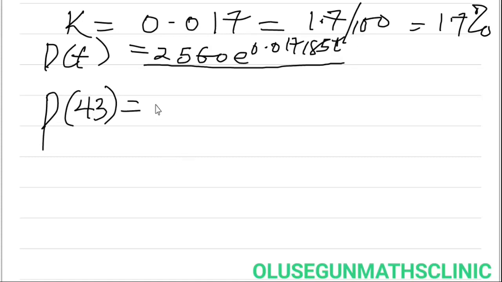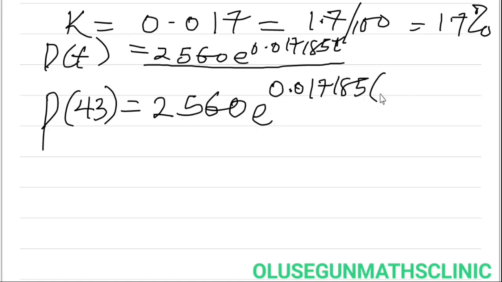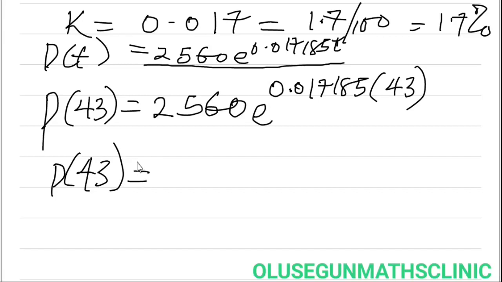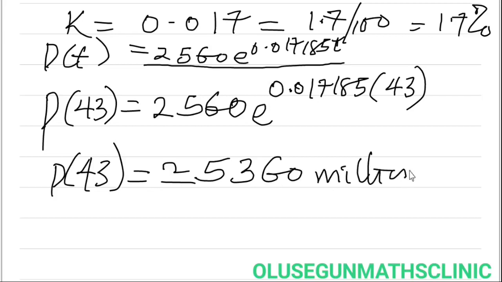So we have 2,560 exponential 0.017185 multiplied by 43 of time. After multiplying, the estimated value will be 5,360 million.